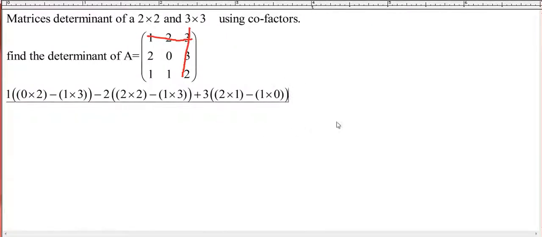Okay, so we now just find out what the answer of this is. So it's 1 here multiplied by 0 by 2, it's 0. So it's 0 minus 1 by 3 is 3.